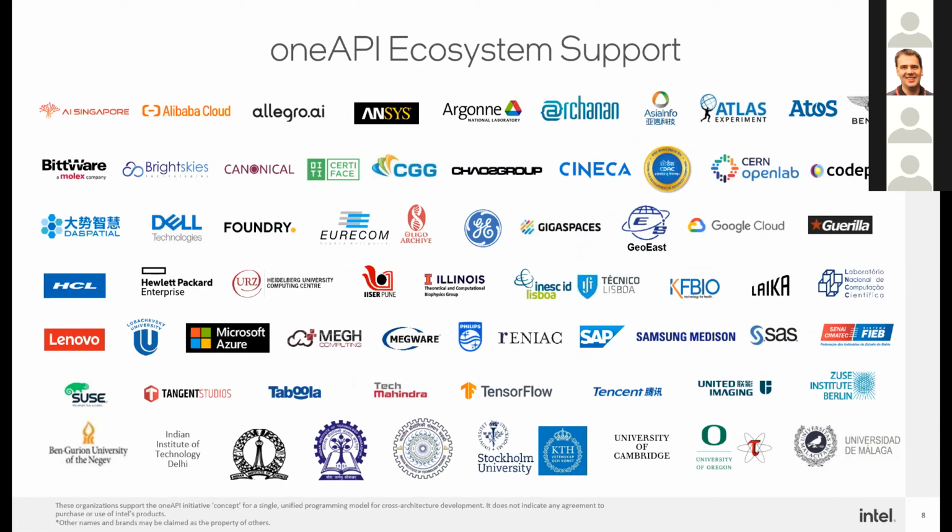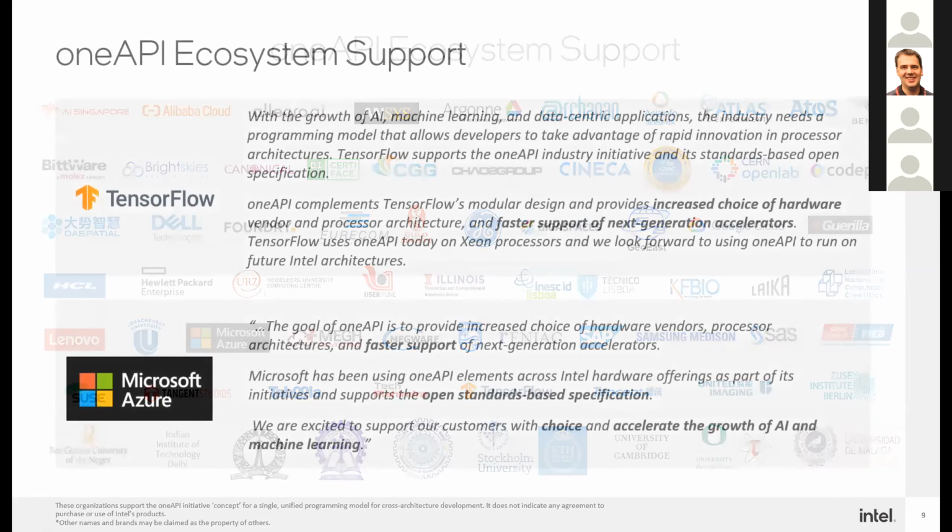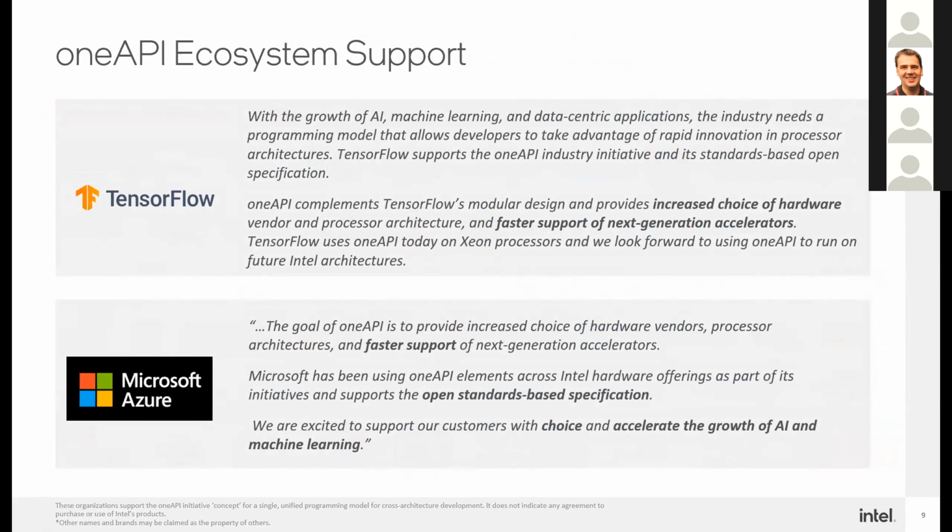So in the meanwhile, after oneAPI has been introduced and launched to the market, a lot of people have an interest in the oneAPI concept, and have also worked with Intel in terms of implementing and supporting the solution. Here are a few examples. Both of them are more on the, I would say, AI side.